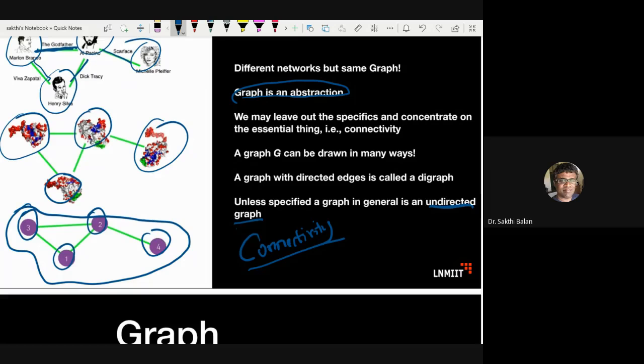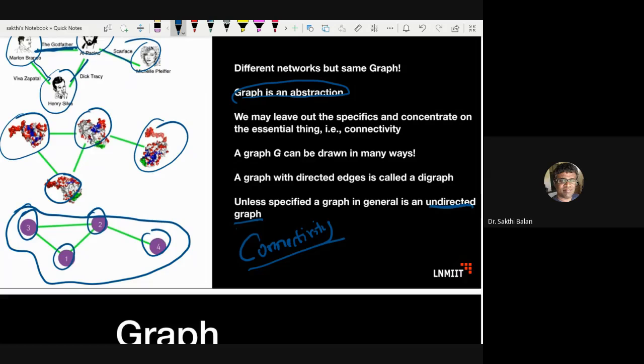In Facebook friendship, it's a symmetric relation, but that is not the case with Twitter. In Twitter, I might be following someone, but he might not be following me. So that is not a symmetric relation. If I'm talking about a Twitter graph, then I have to look into a directed edge, because that makes sense.